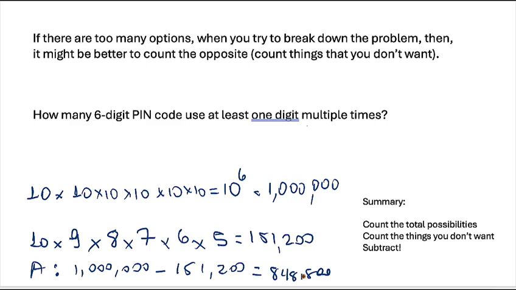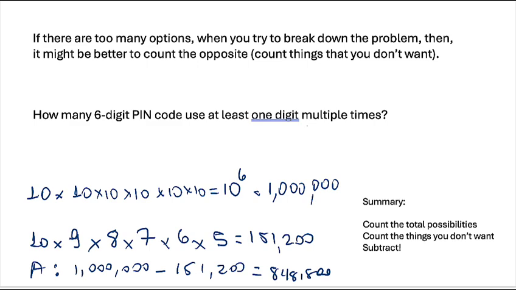Okay? So this strategy is named count the opposite. And you can use this with all things that you learned. We learned trees, and the multiplication rules, which result in things like permutations, selection without replacement, selection with replacement, circular permutation.